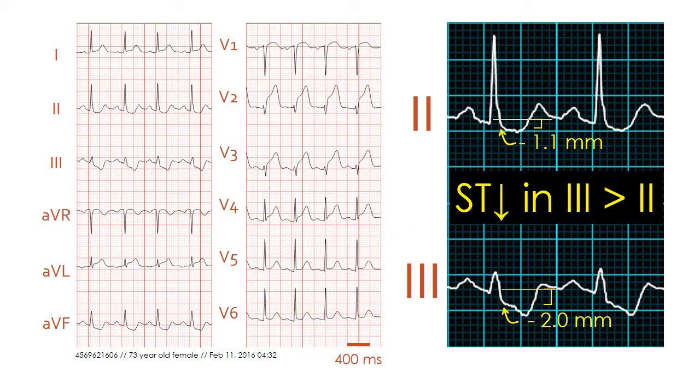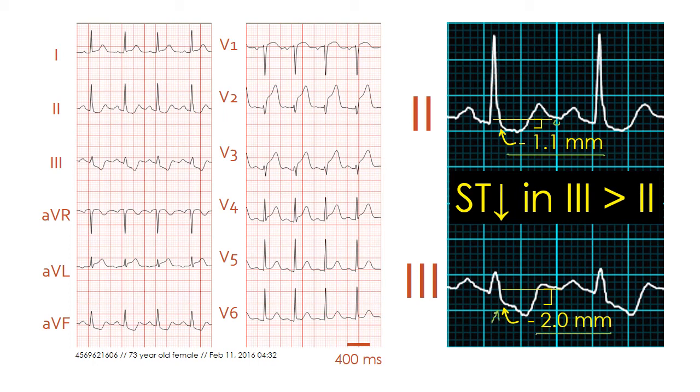In this screen we have taken the TP segment as a marker for the isoelectric line. The J point in lead 2 is 1.1 millimeters below this isoelectric line, whereas in lead 3 the J point is minus 2 millimeters in relation to the baseline.